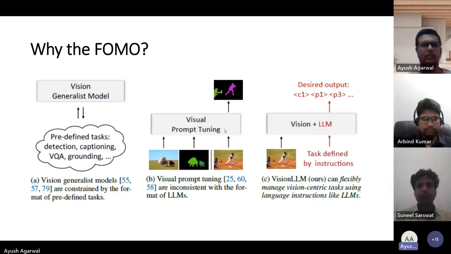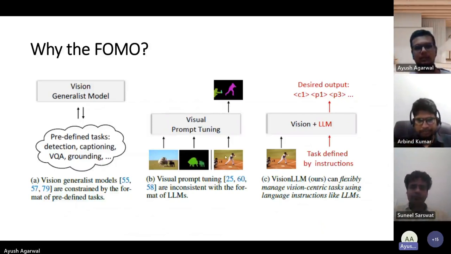Then there would be visual prompt tuning. In this, what you would essentially do is give it an image, give it what you want, and then give it a query image. For example, object segmentation is needed for the sheep. So you give an input image and the mask that would be the desired output for this case.